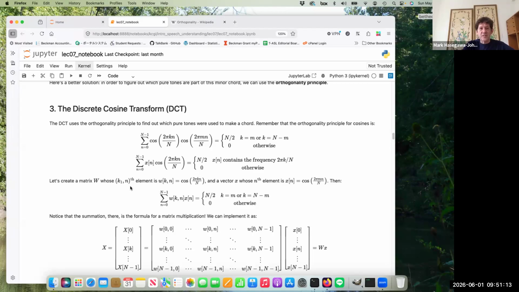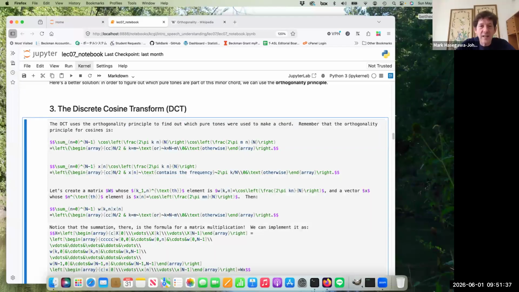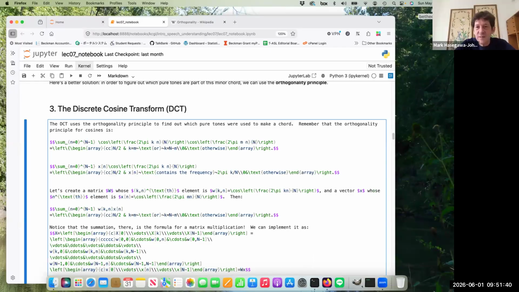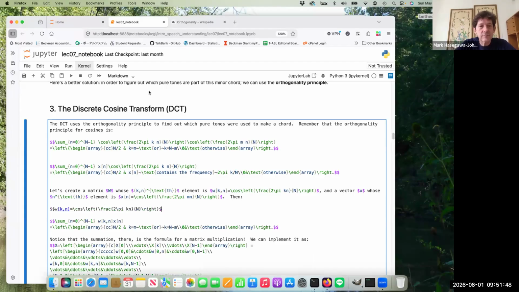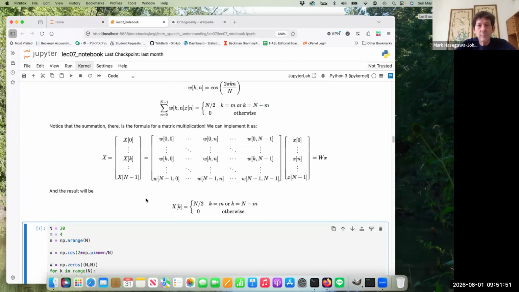We can create a matrix, capital W, whose k-n element, W of k comma n, is the cosine of 2 pi times little k times little n over capital N. And we can add from n equals 0 to capital N minus 1, x of n multiplied by W of k comma n.